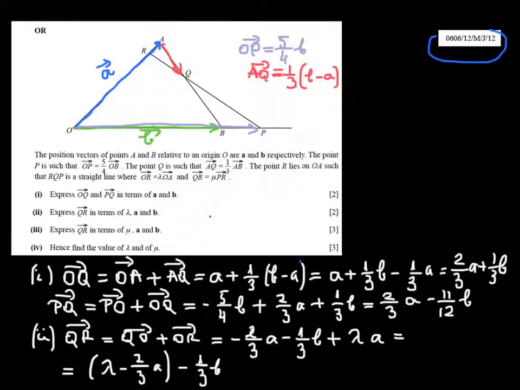So I'm starting by writing that QR equals mu PR.